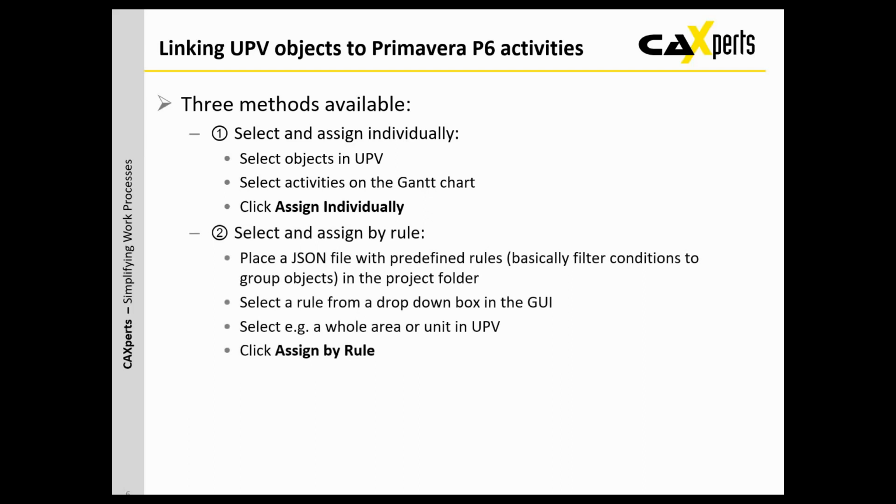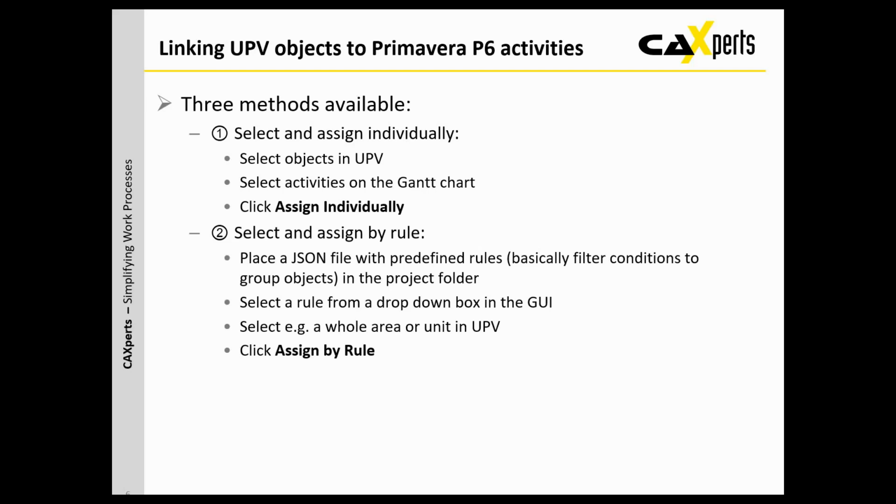The second, and it's the kind of standard process, is that you place a JSON file with predefined rules, which are basically filter conditions to group objects, in the project folder of UniversalPlantViewer. Then you select a rule from a drop-down box in the graphical user interface of our 4D system, and select roughly a whole area or unit in UPV.